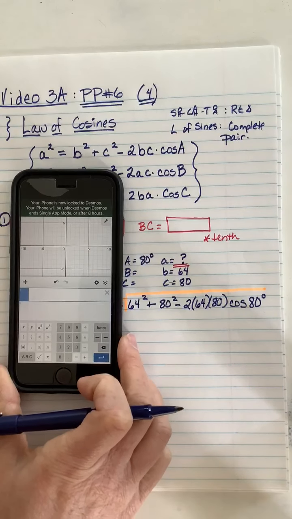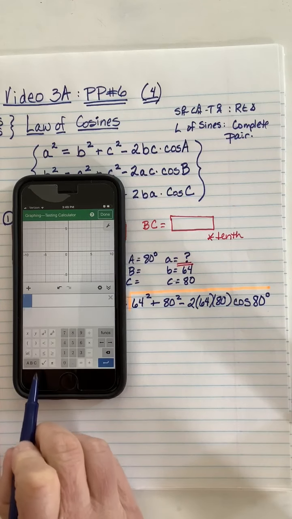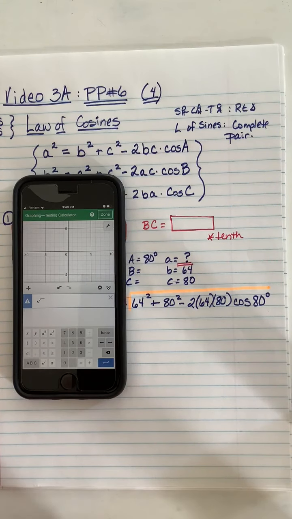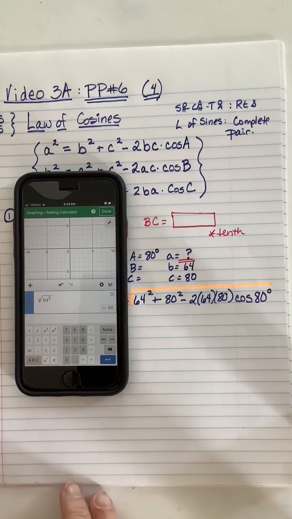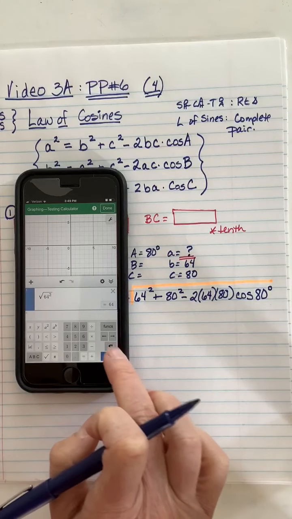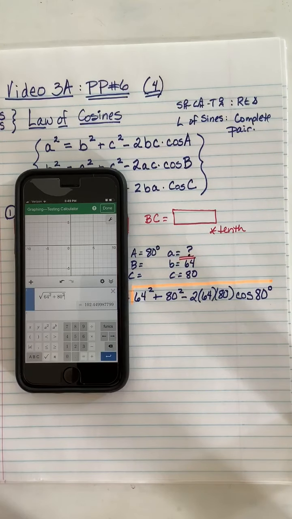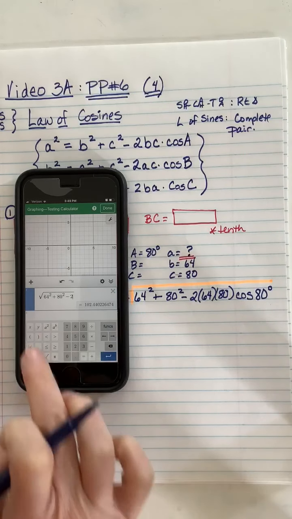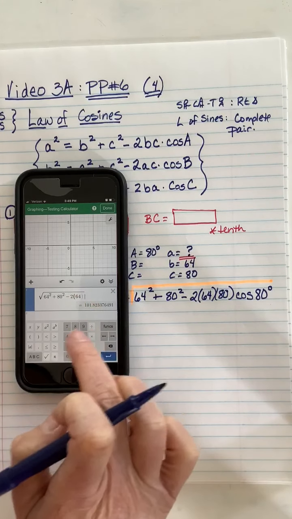So here's my Desmos. The first thing I'm going to remember to do is use my square root. My square root function is right down there. So square root, and I'm going to start typing this whole thing, and I'm going to go slowly. 64 squared plus 80 squared. You can see it's staying under the square root, minus 2 times 64.